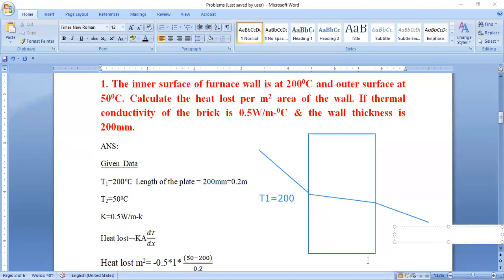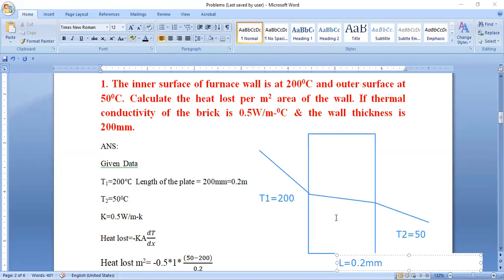T2 is equal to 50 degrees Celsius. L equals 0.2 meter. Calculate the heat loss per meter square area of the wall.